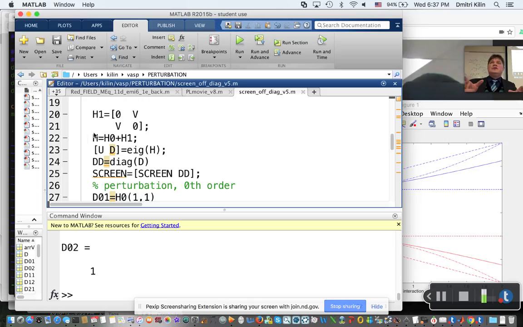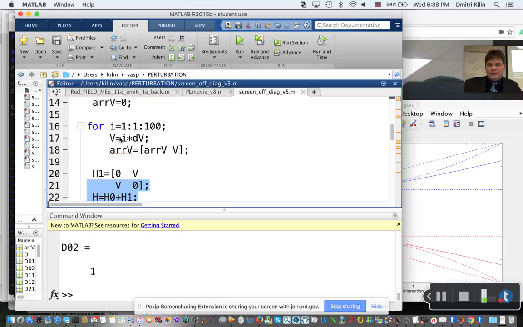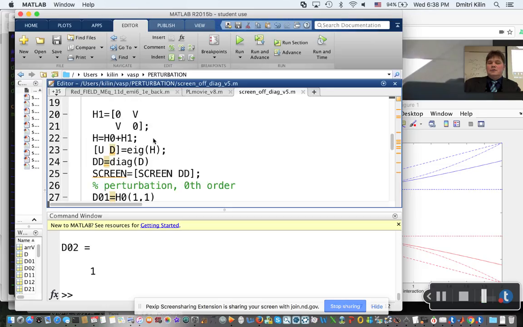But if you scan the value of the perturbation, then we can look at the trends. So let's place this into a cycle, and the value of the perturbation will grow linearly. It will scan through different values. Make sense?